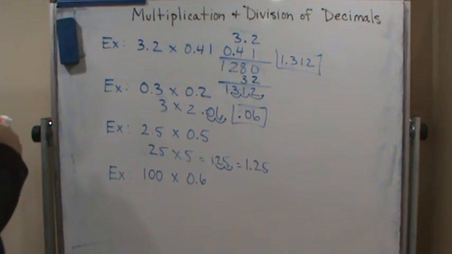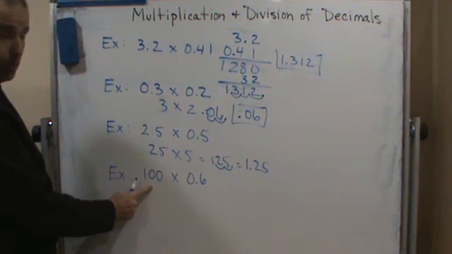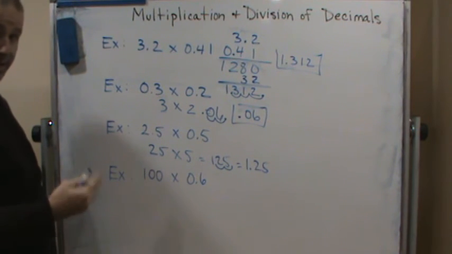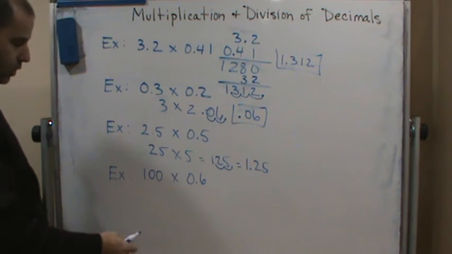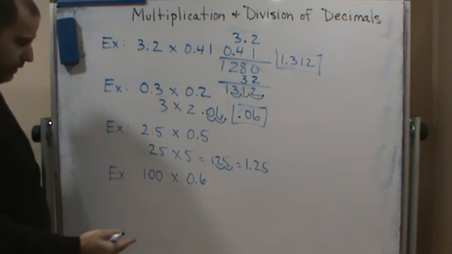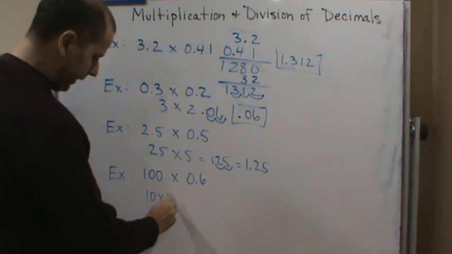Now this one's a good one. Anytime you multiply by a power of 10, you're going to move the decimal point to the right. So here I'm multiplying by 100, right? So this is like multiplying by 10 twice, right?